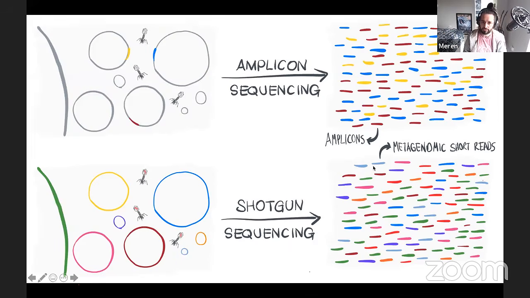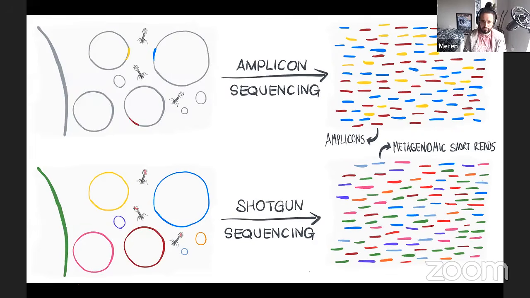But the short reads cause a lot of problems, because this is similar to this concept of generating short reads. You are basically going to a library and you want to get out all the books. But the only way you can get out these books is to shred them into smaller sentences. So you randomly shred each book and then you carry them out of the library because you cannot get the entire book out.